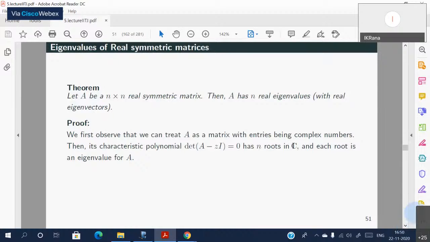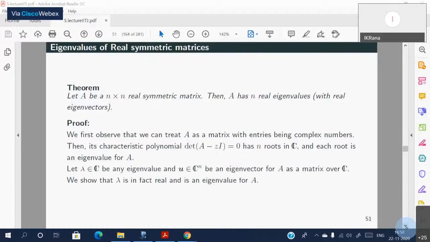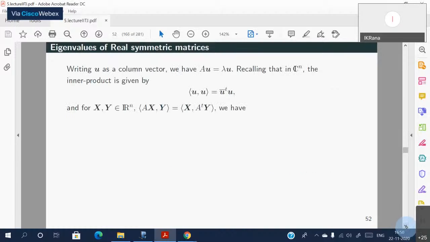First of all, even if it is a real matrix, the characteristic polynomial of it will have n roots, but they may be complex. So let us say lambda is a root of the characteristic polynomial, and u is an eigenvector for it. To show that lambda is actually real, one can easily prove it.